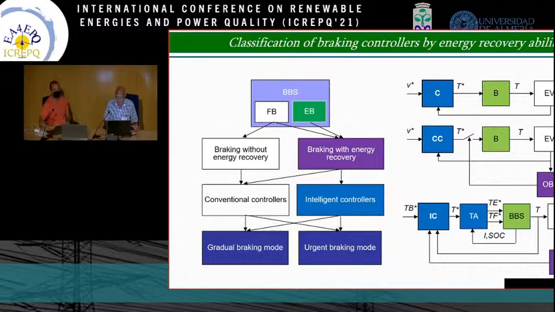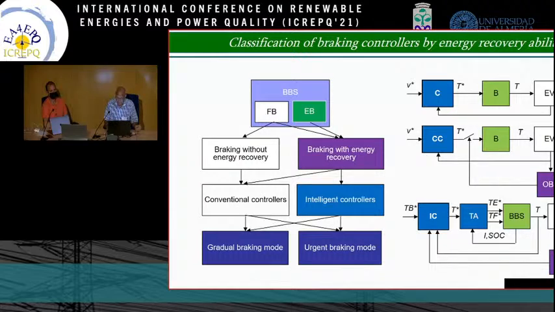In this case, we were interested primarily in the blended braking system, which includes friction braking on the left and electrical braking on the right. Of course, we are interested in braking with energy recovery. The most important part is electrical braking.